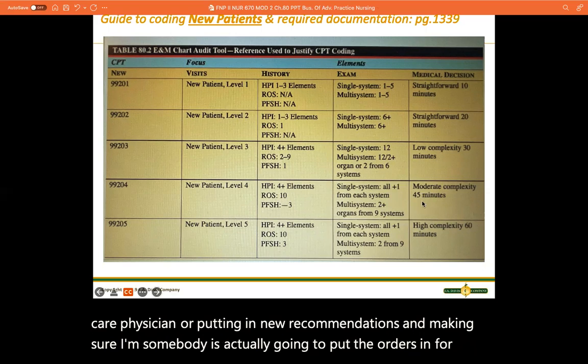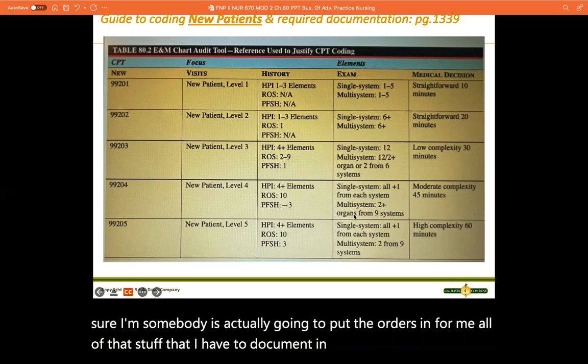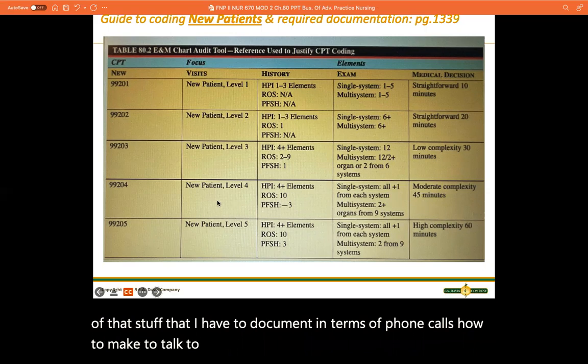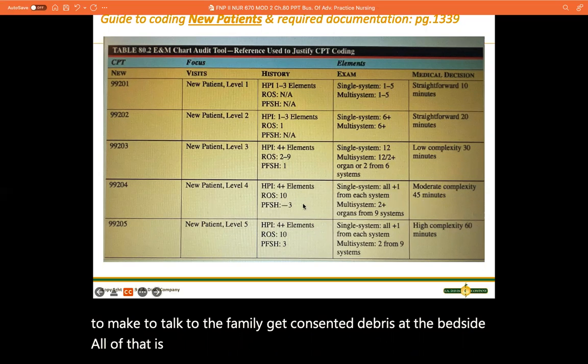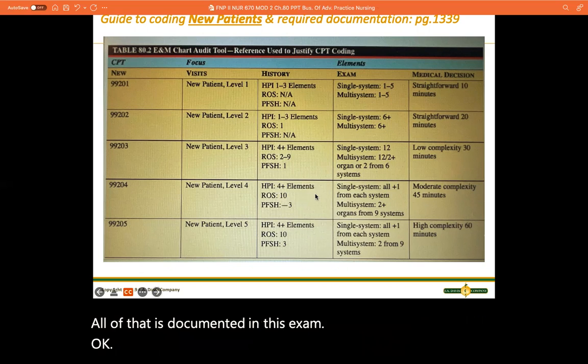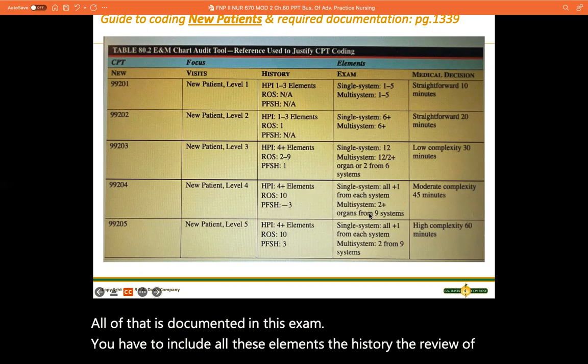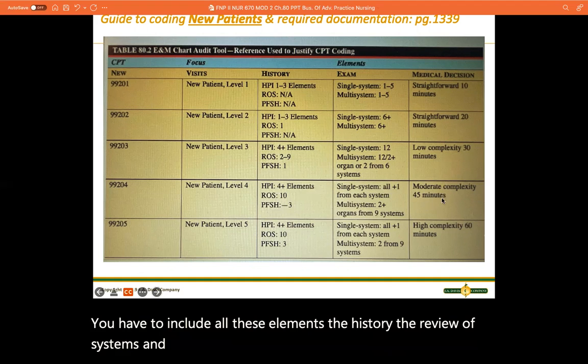All of that I have to document: the phone calls I made to talk to the family, getting consent, debriefing at the bedside. All of that is documented in this exam. Okay. You have to include all these elements: the history, the review of systems, and justify why the time took me 45 minutes.